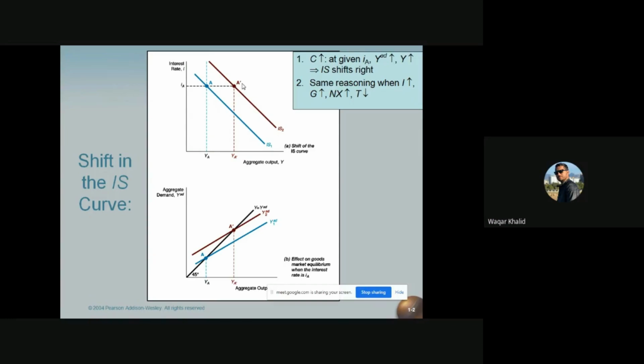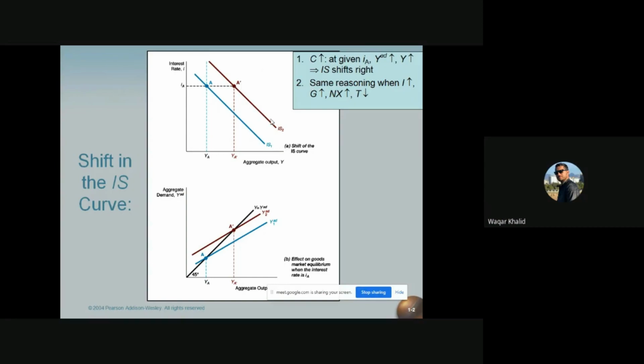Suppose we have the inverse case. I mean to say, if government expenditures decrease, what will be the result? How will this decrease in government spending shift the IS curve? Very simply, a decline in government spending shifts the aggregate demand function downward, and the equilibrium level of output falls, shifting the IS curve to the left side.